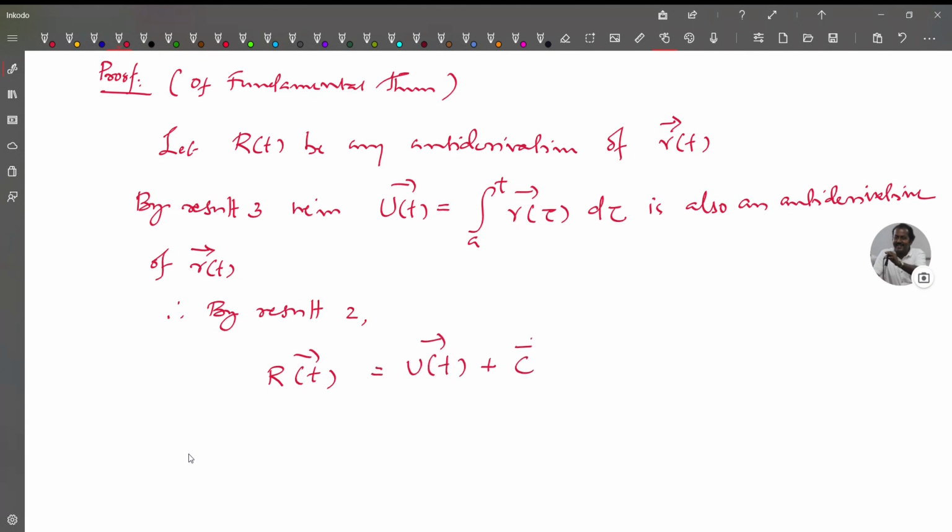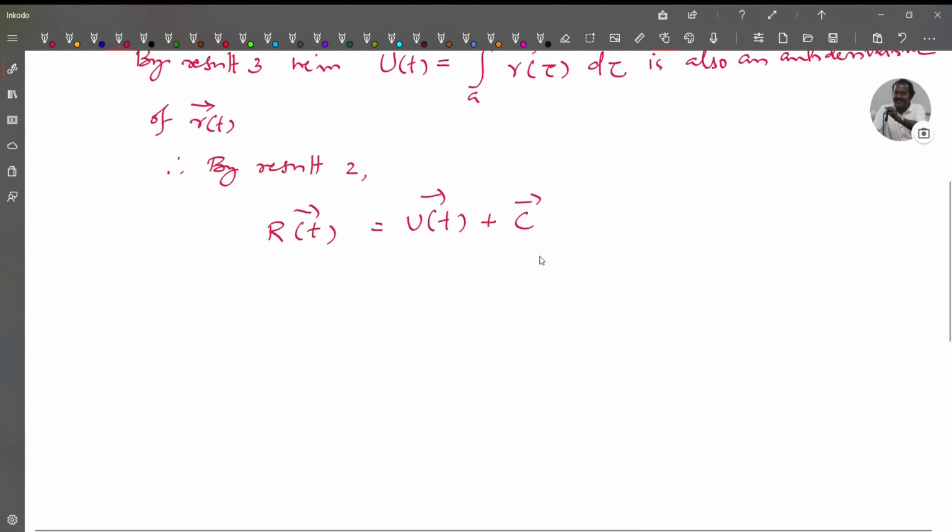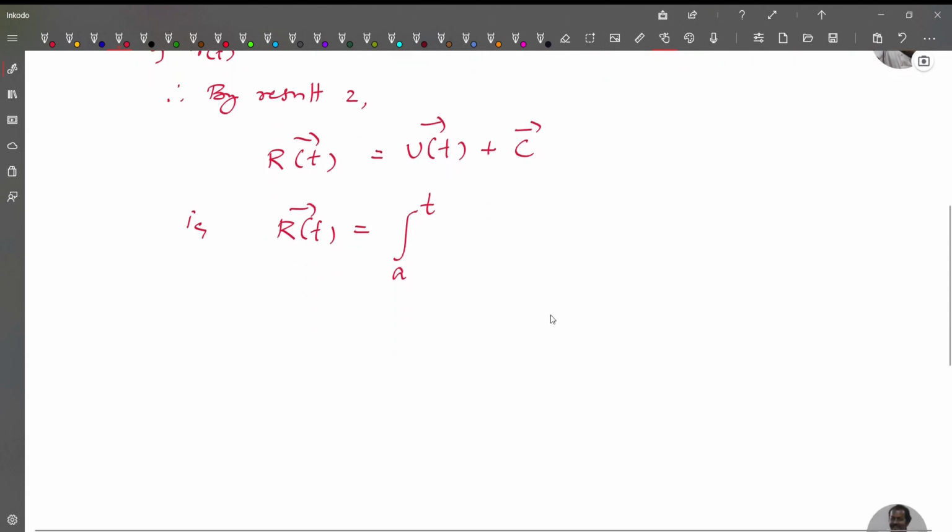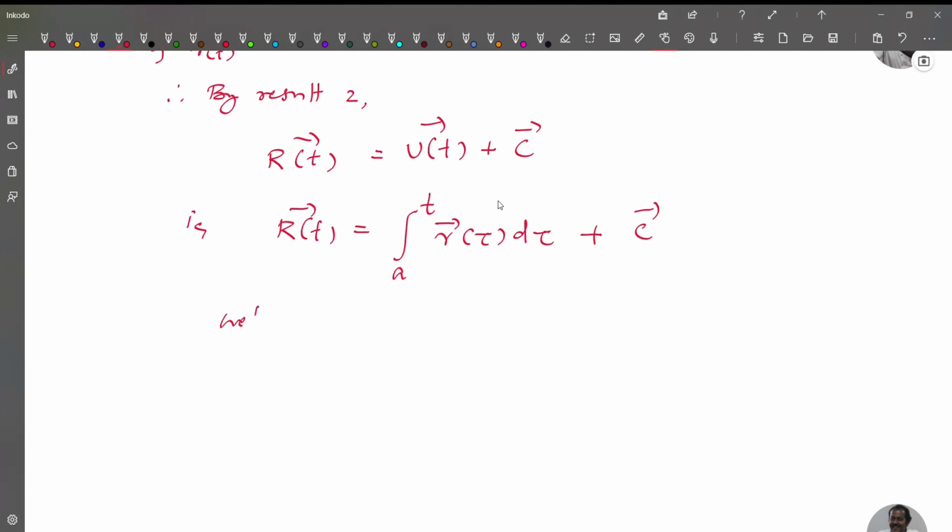That is, R of t equals the integral from a to t of r of tau d tau plus c. Because u of t is the integral from a to t of r of tau d tau, we have R of a equal to the integral from a to a of r of tau d tau plus c.